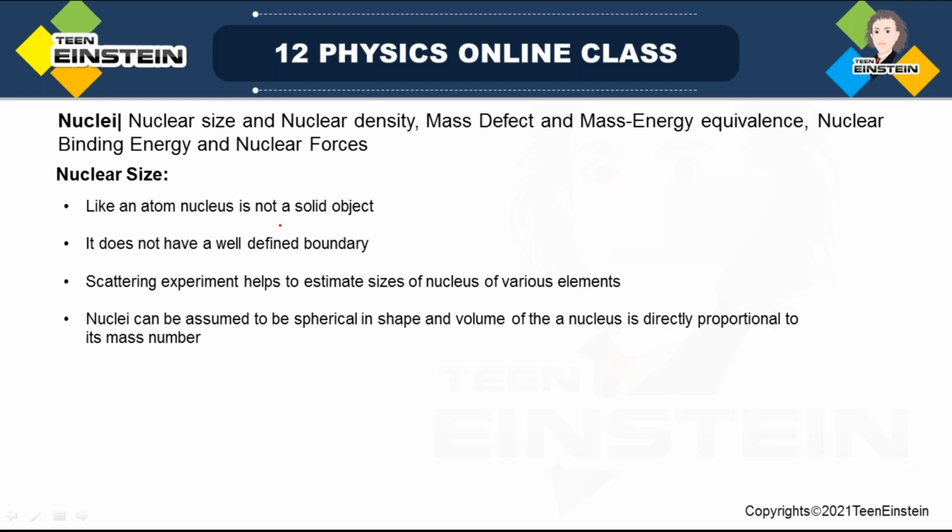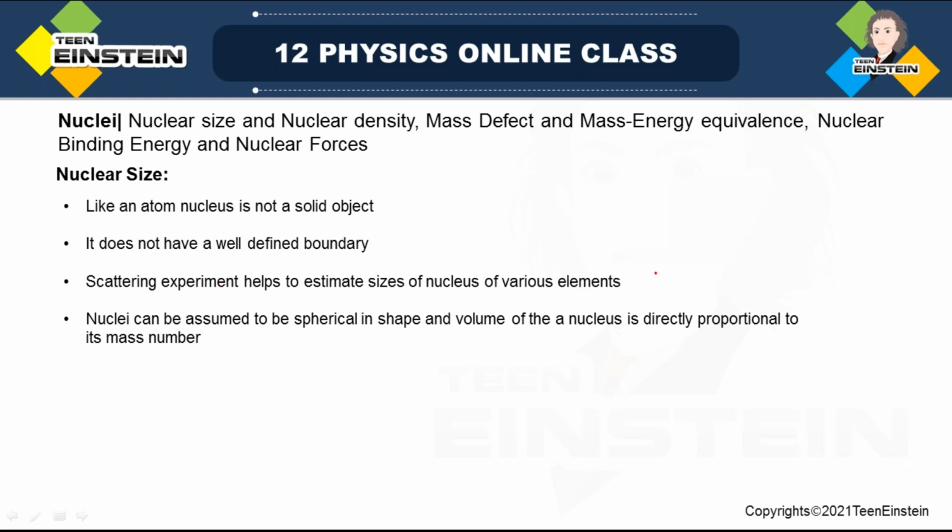And see, nucleus is not like an atom. Atom is a solid, but nucleus is not a solid object, and it does not have a well defined boundary. So this is one important point. That's why we estimate the size of the nucleus by scattering experiment.